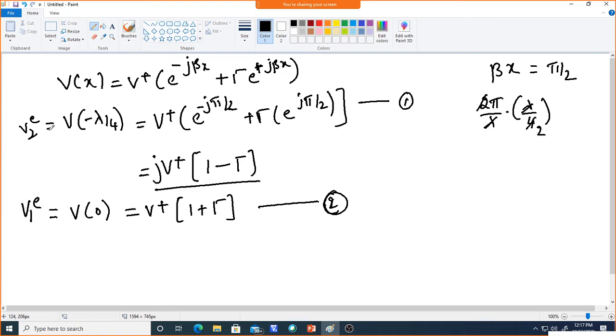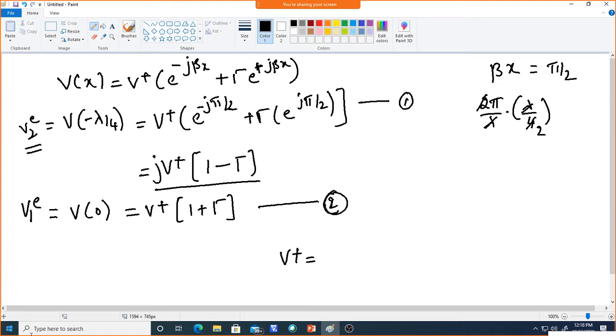If you adjust the parameters for this V2E and V1E, you will get the value of V plus. So how will we get it? V plus will be equal to, you can substitute V2E here.